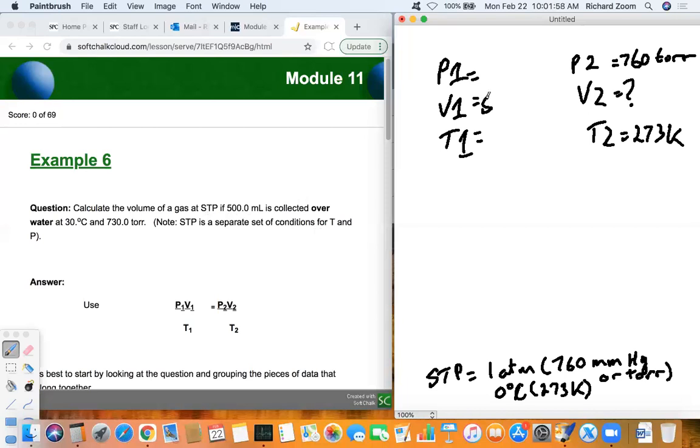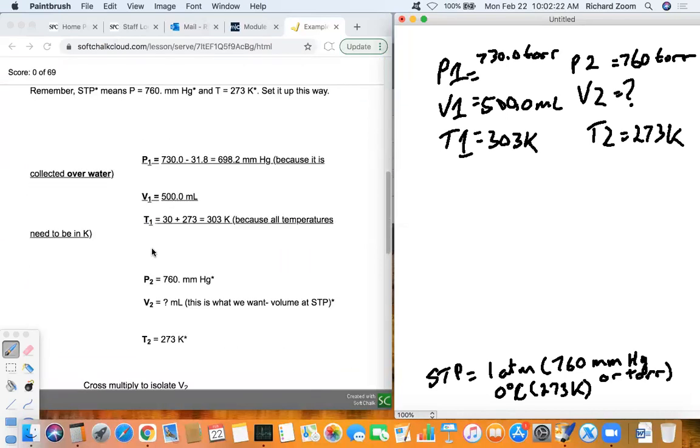And then the other set of conditions is going to be 500.0 mL, and we've got 30 degrees Celsius, which is 303 K, and it says 730.0 torr. The problem is here, though, it's collected over water. And that means I have to subtract out the vapor pressure of water here.